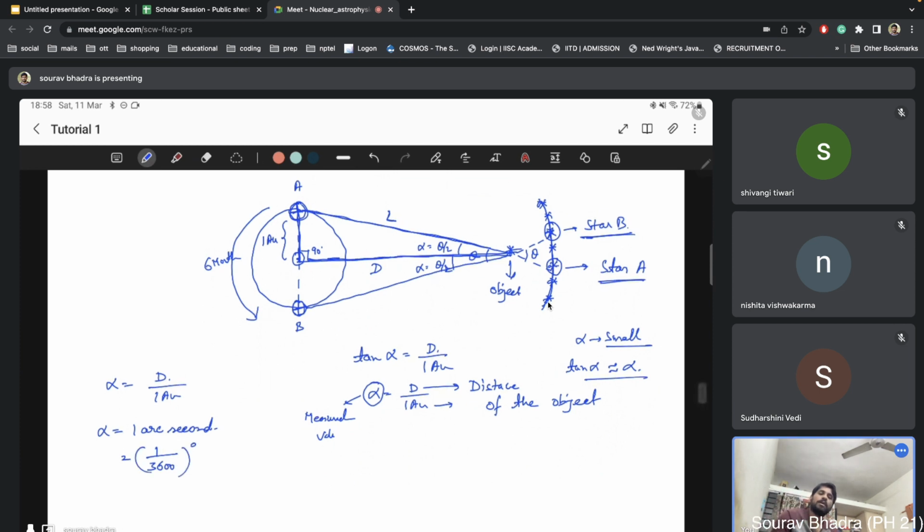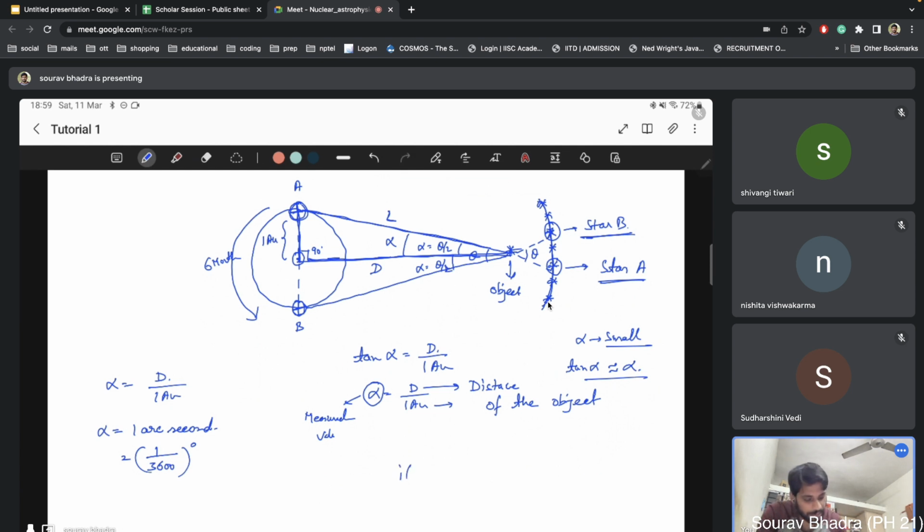You know that 1 degree has 60 minutes, and each minute has 60 arc seconds. That means 1 degree has 3600 arc seconds. So if your value of alpha is 1 arc second, then the distance which we calculate from this parallax method is called 1 parsec.